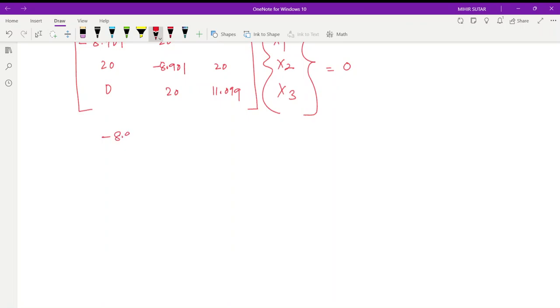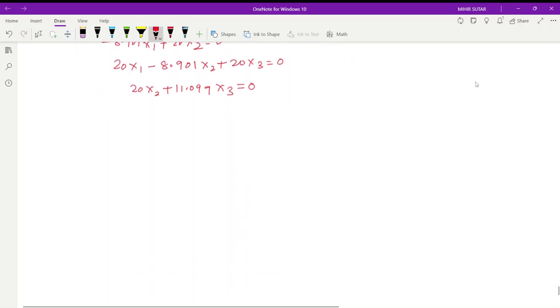Minus 8.901 x1 plus 20 x2 is equal to 0, and 20 x1 minus 8.901 x2 plus 20 x3 is equal to 0, then 20 x2 plus 11.099 x3 is equal to 0.